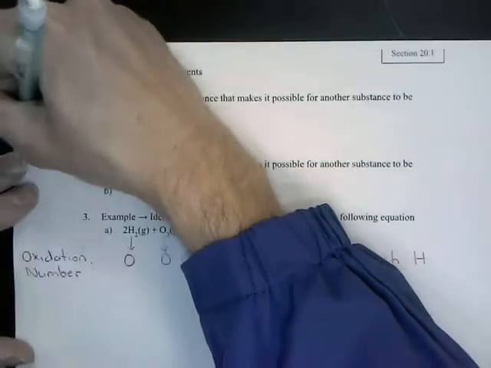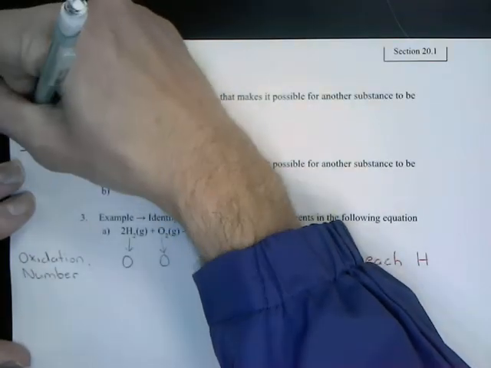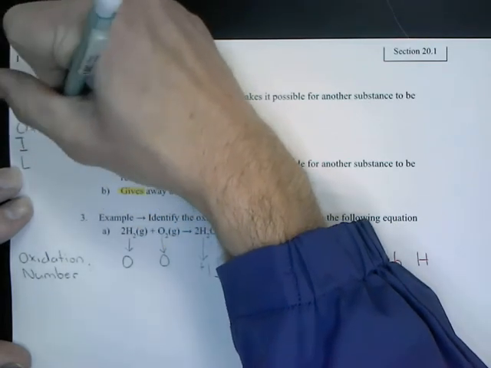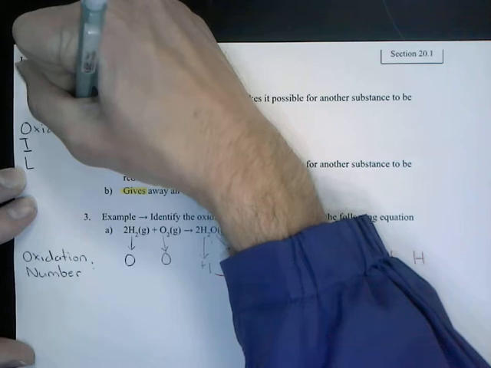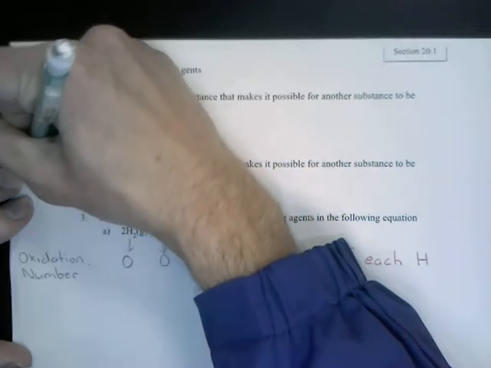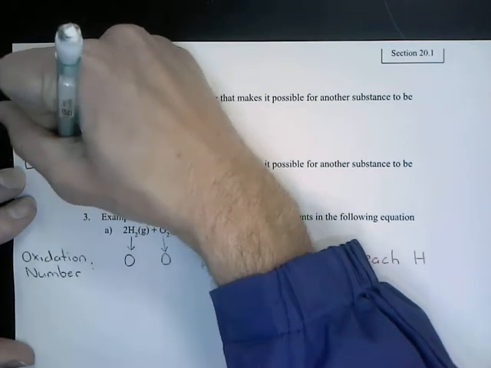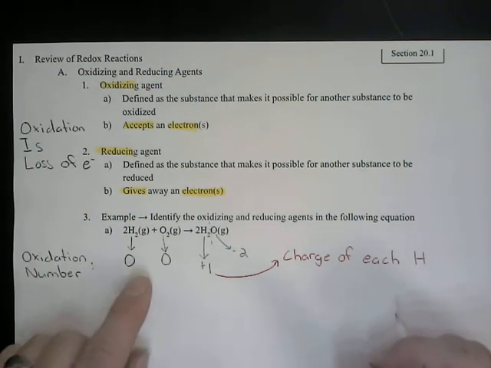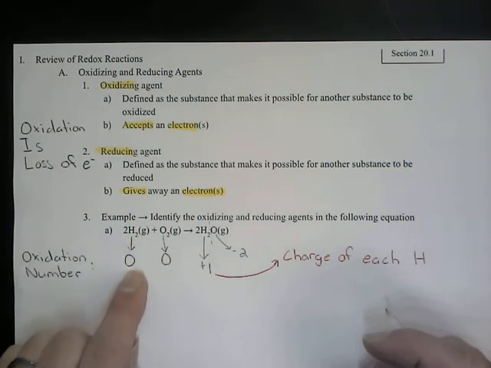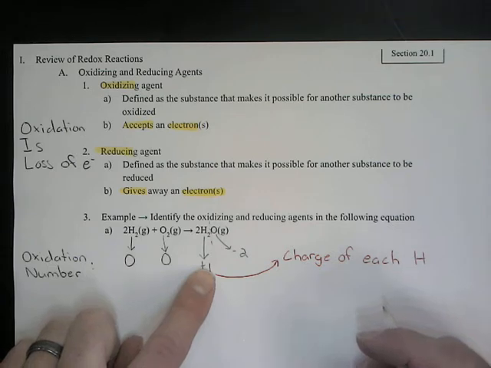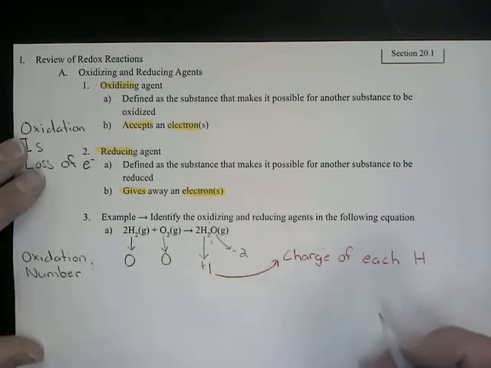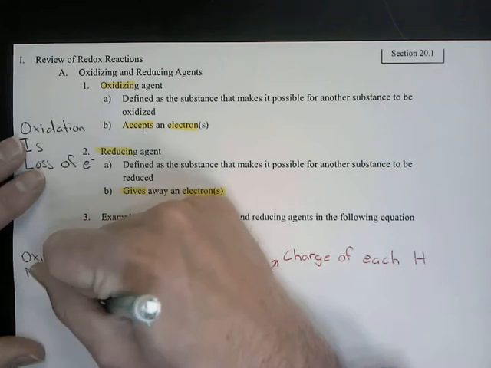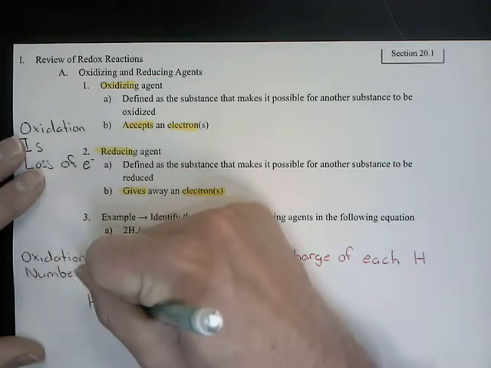I'm going to put the term OIL. OIL stands for oxidation is loss of electrons. So because we went from 0 to +1, we lost electrons, and that means H is oxidized.